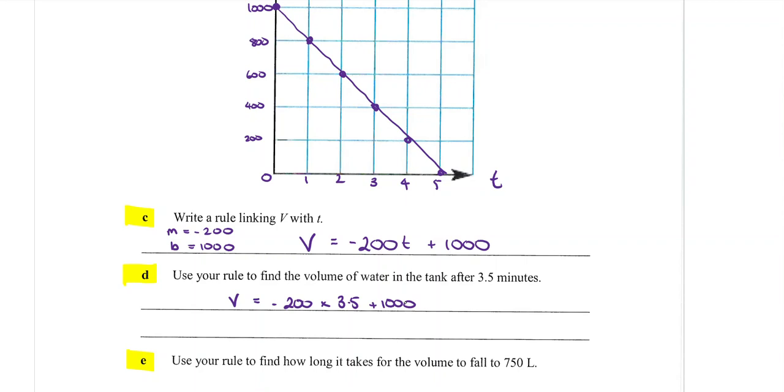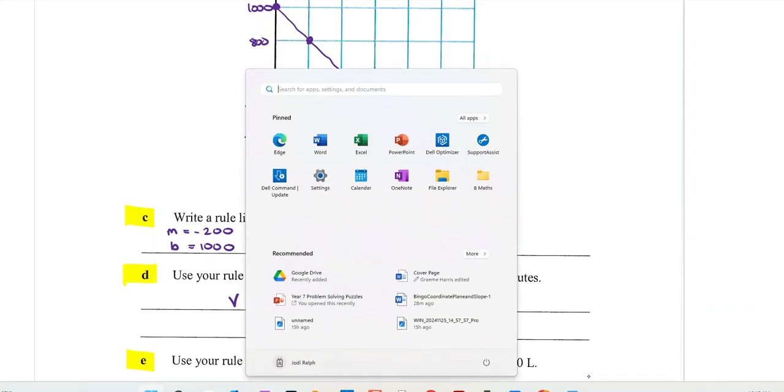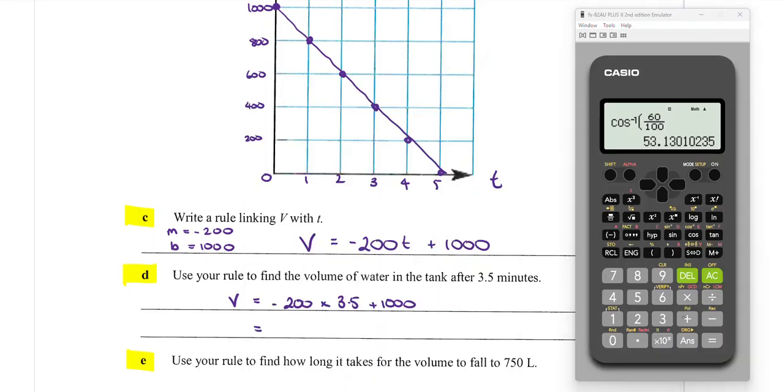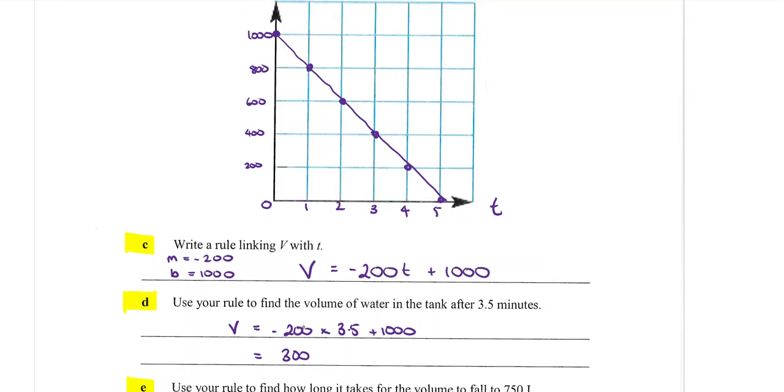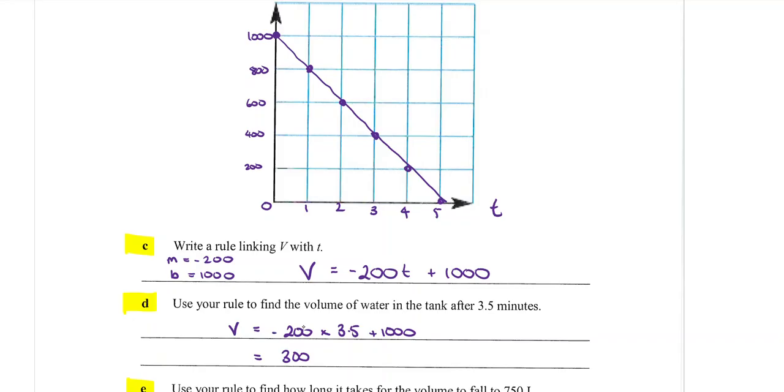All right, then we put it in our calculator. What do we get? Minus 300. You guys get the same thing? Yeah. You could also look at your graph to see if that makes sense. If you went to 3.5, which is here, and you went up and across, yeah, that pretty much looks like it's at 300. But I was asked to use my rule, which means you're meant to sub it in.